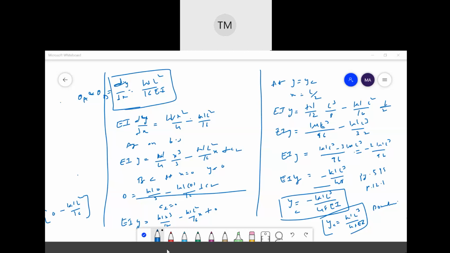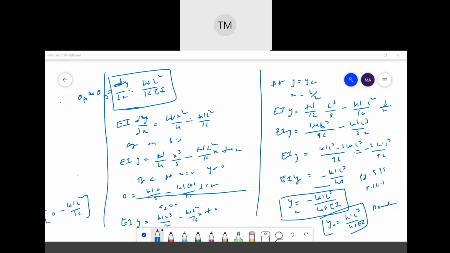You can refer to it and solve the problem. Directly you have a formula and substitution.